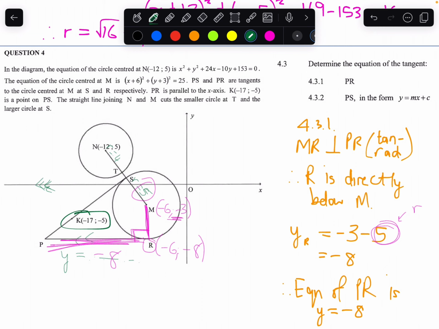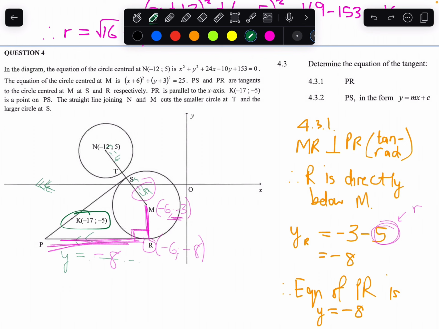What else do we know? I guess we could figure out the coordinates of S. Can we? Well, oh, okay. I see.